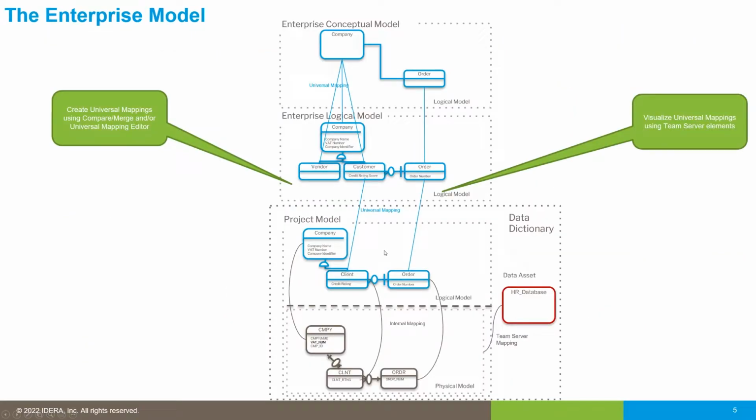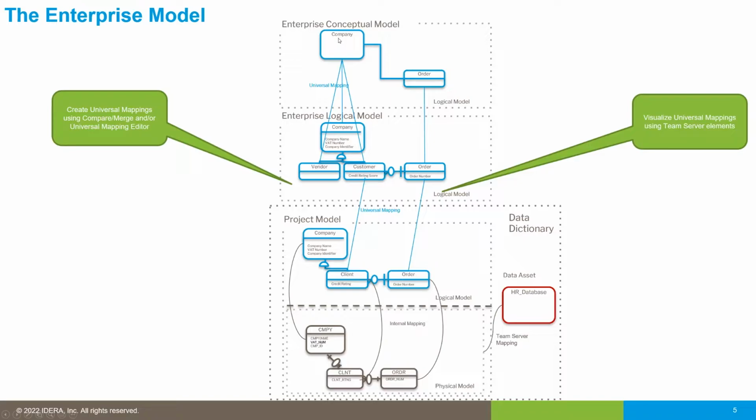In a more enterprise context, those logical and physical models, we can build this enterprise data model here. And it has three levels to it. Down at the bottom, we've got our project models, where we're modeling individual data assets, and we might have a logical and/or physical part to that model. We then have at the top two enterprise-wide models, an enterprise conceptual, which has a small number of entities in it, and the standard definitions we want for those.